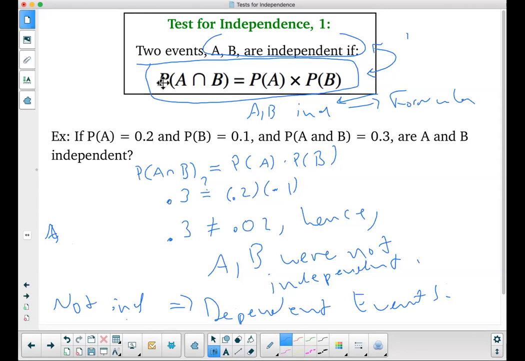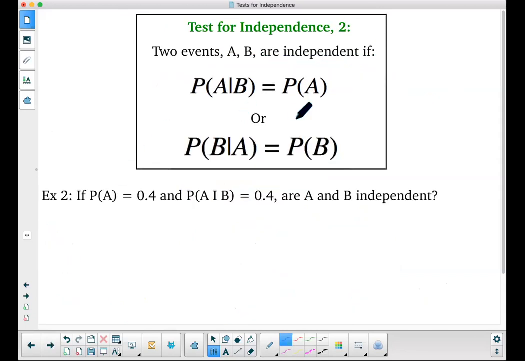Okay, so this is test 1, which we've seen before. This is test 2, and I kind of showed this. I'll do an example first. So if you have probability of A given B, okay, if this matches the probability of A, then they are independent. This is the second test for independence with givens.